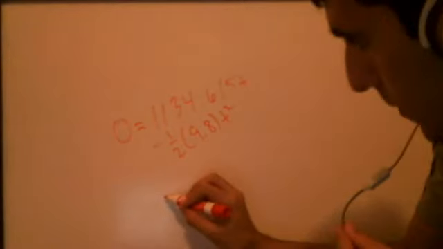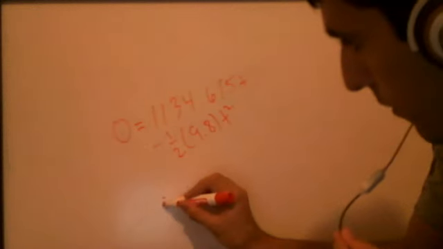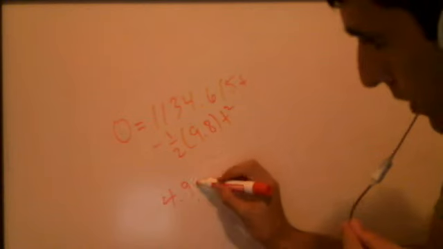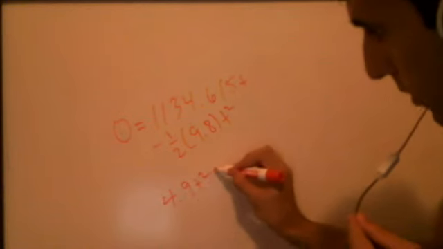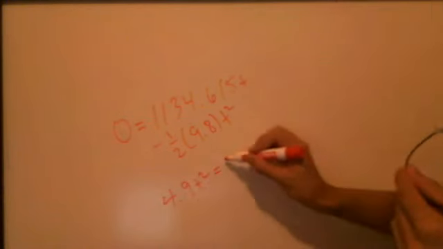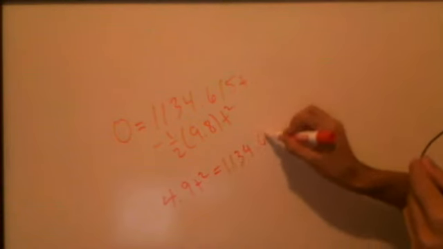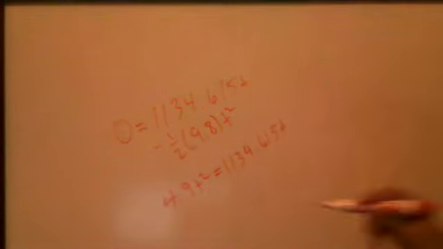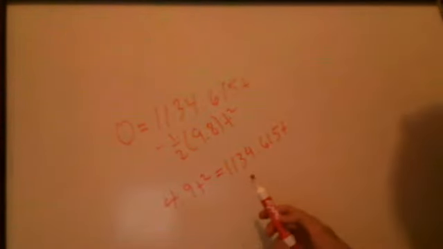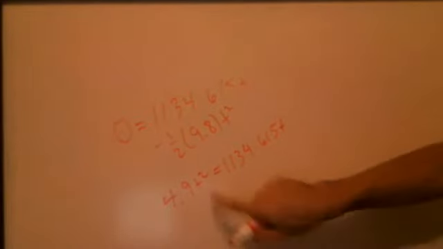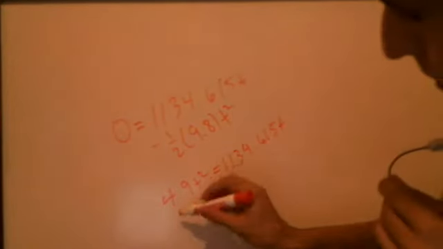Now what you can do is put this on the opposite side so that it'll be 4.9, I'm just going to do the math for that, 4.9 times time squared is equal to 1134.615 times time. Since you have common numbers on both sides, time and time, you can just get rid of those. So we'll divide by time.